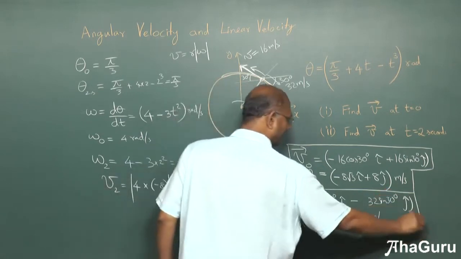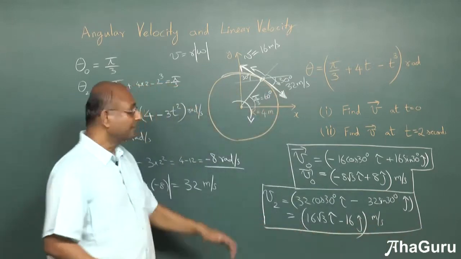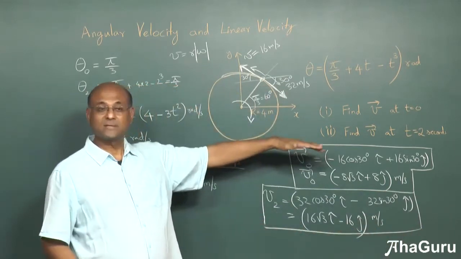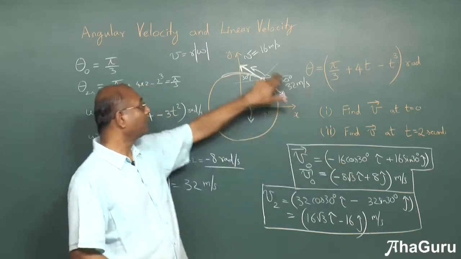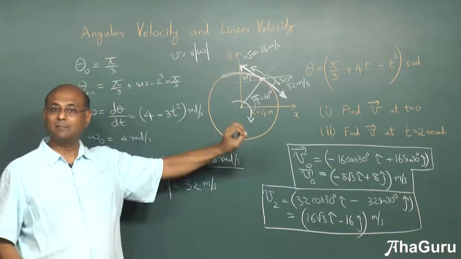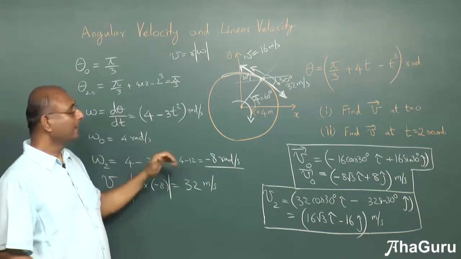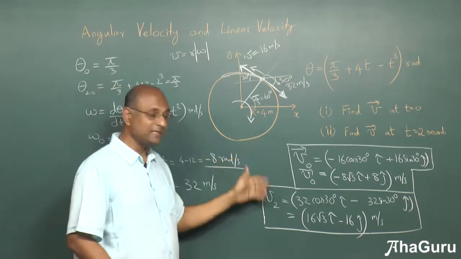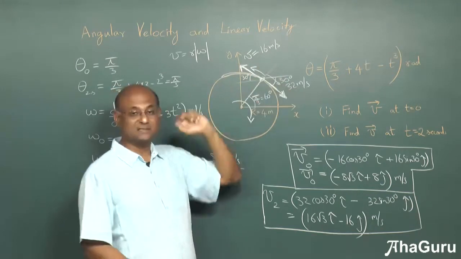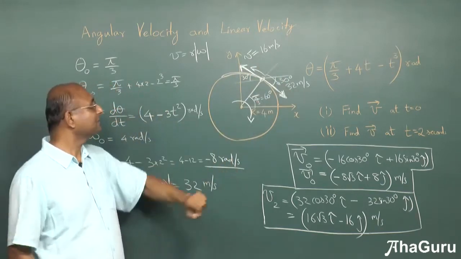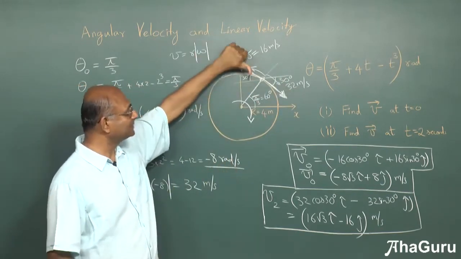So notice something interesting. It's the same point in position, but at different time instants you have different omega values. So depending on the omega value, the speed itself has changed, because that is 16 and this is 32. But not just the fact that the speed is different, this is pointing that way and this is pointing this way.